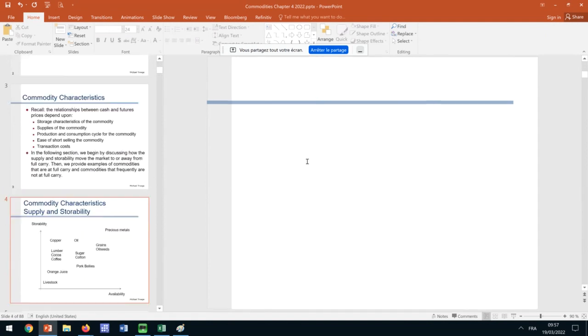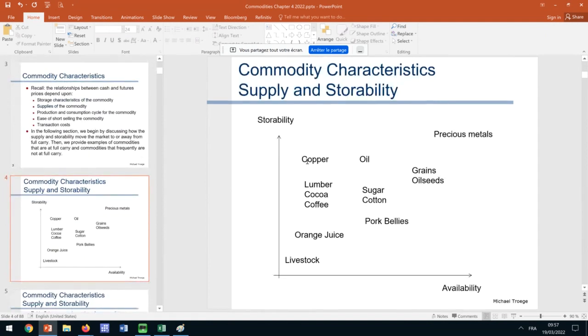Now, we've already looked at different types of commodities, and we can sort them as a function of their storability and availability. As you will see, the precious metals are on one end of this scale, very easy to store and widely available.